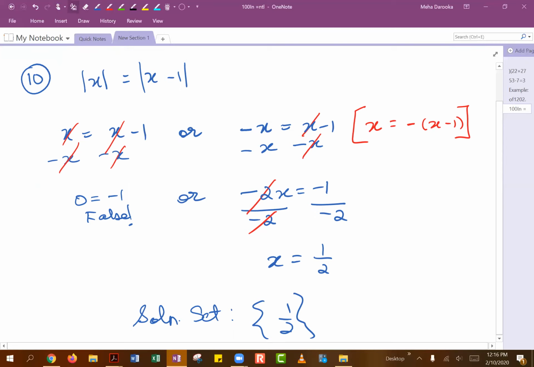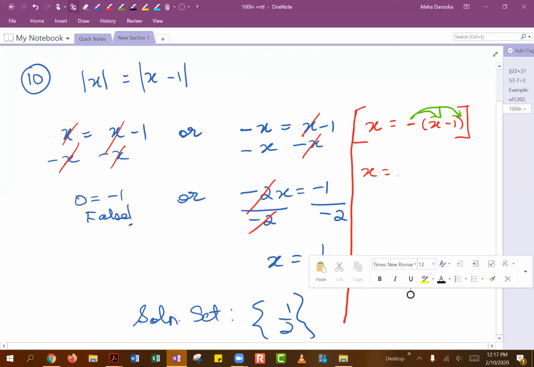Okay, just to show you the one I have in red here, if you had set it up like this instead of the other way, you would have x here. We would need to distribute this negative sign. So we would have ended up with negative x, positive 1.